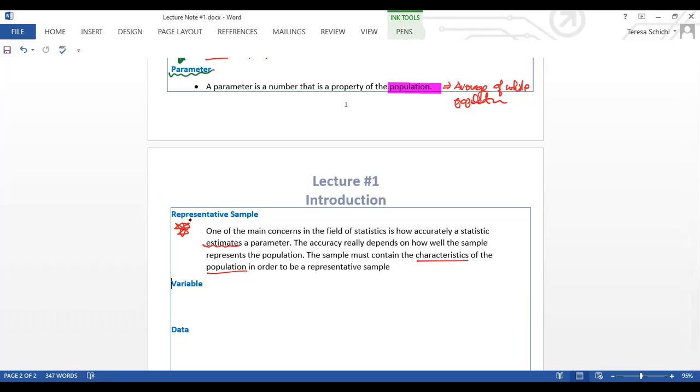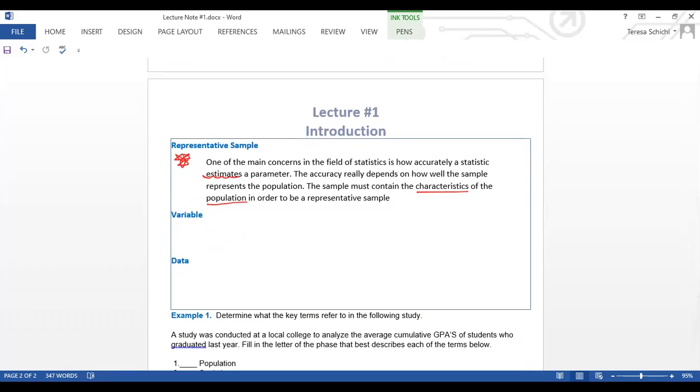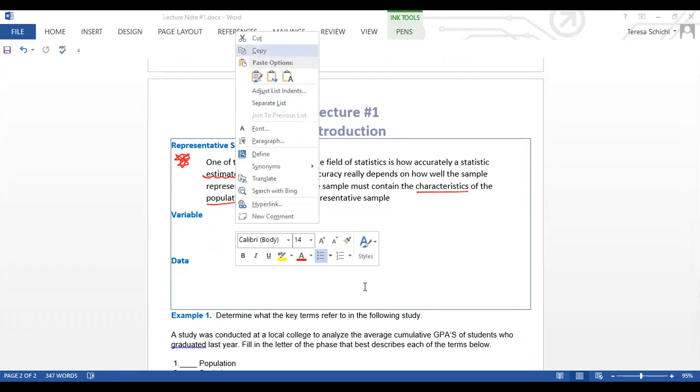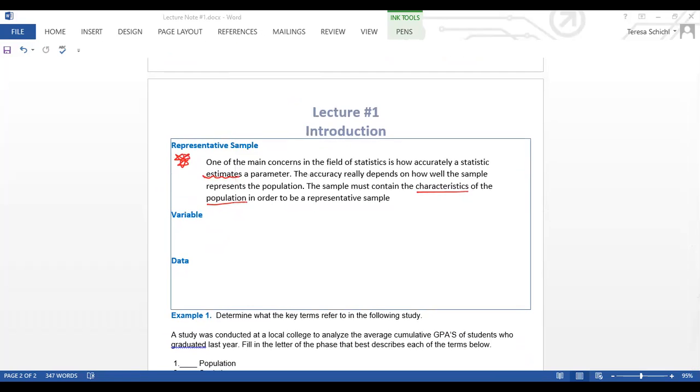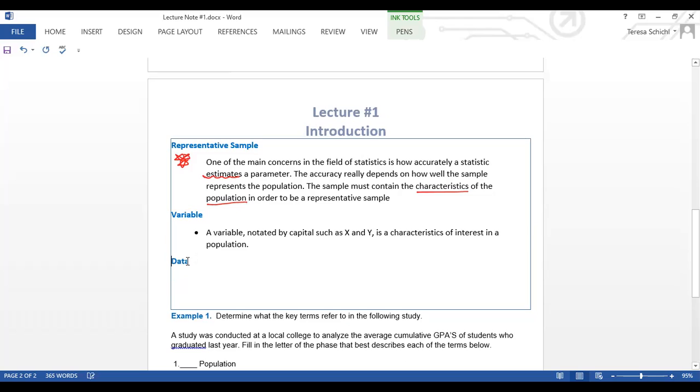Good. Okay, the other thing we talk about is the variable. You will hear about variables a lot. What is a variable? We use this term a lot in our courses, so let's make sure we understand it.